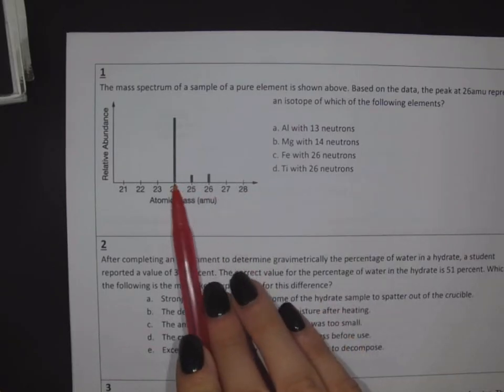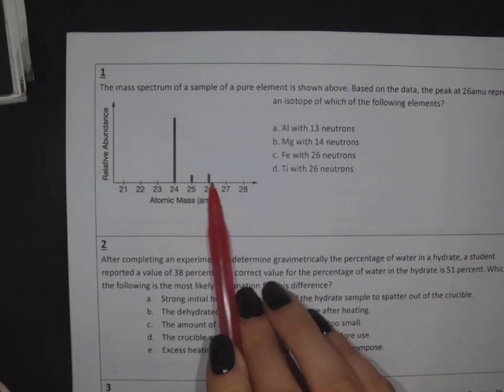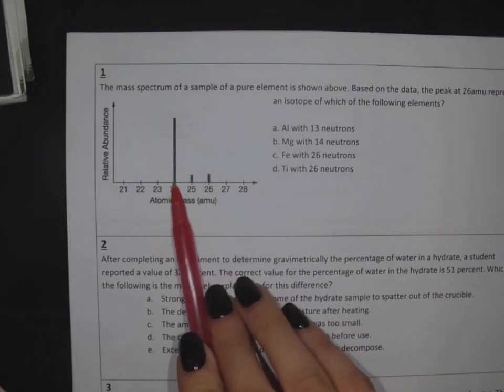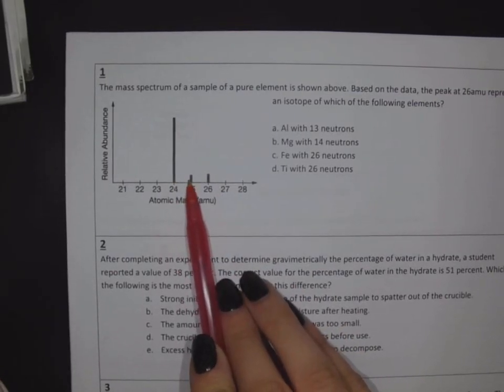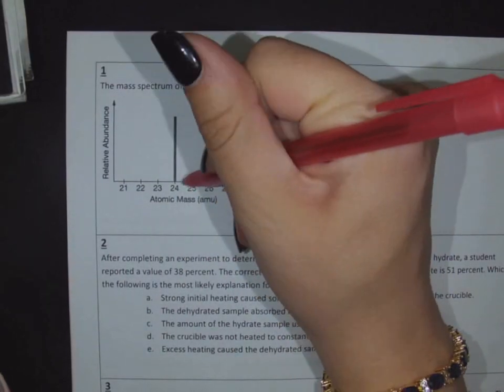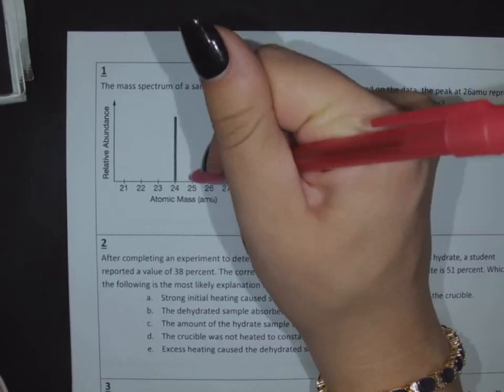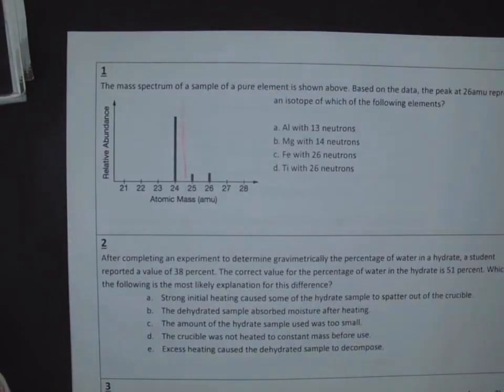So I know that my average atomic mass, on average, when I consider each of these parts, this one is the most abundant, and this one is the least abundant. So on average, I would be to the right of 24, maybe to 25, but somewhere in here would be my guess.